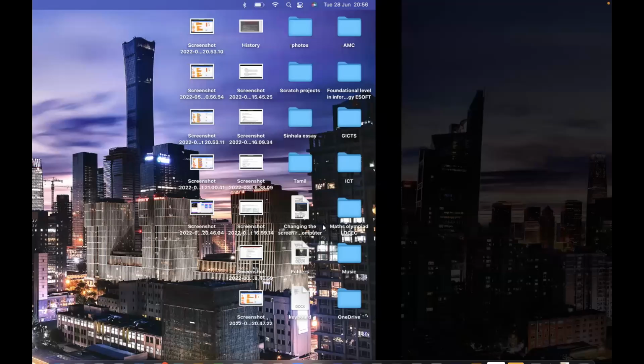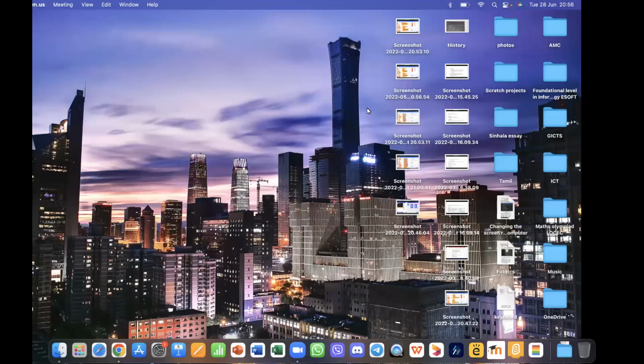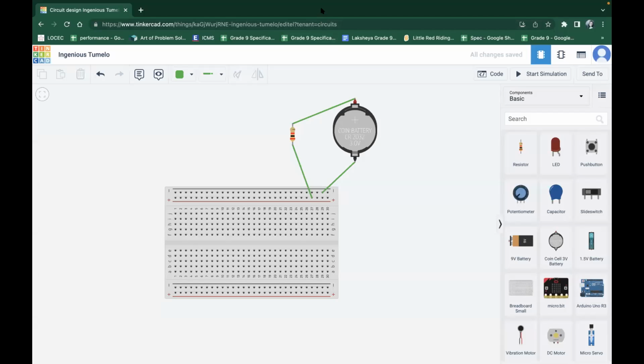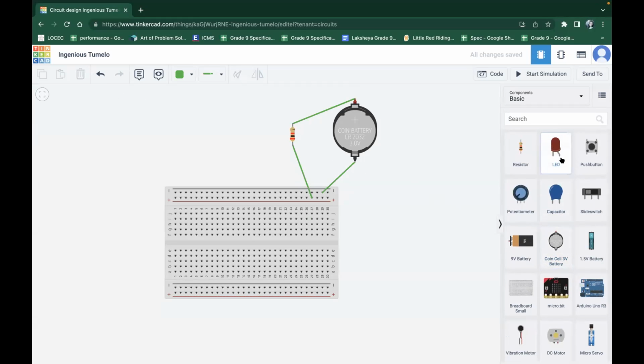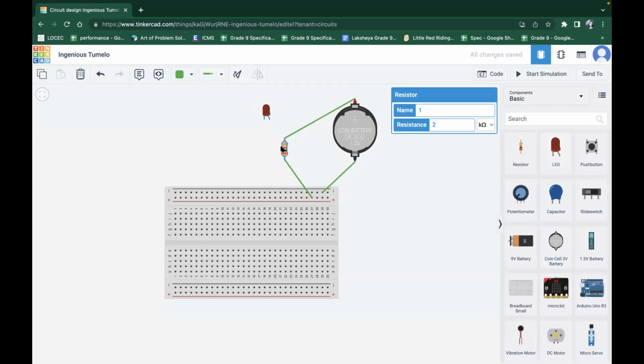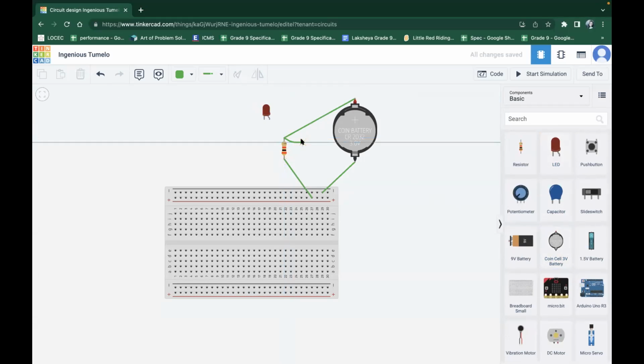Okay, Nadun has explained his problem. Okay, Lakshya, you need to connect the bulb also. Please connect the bulb, LED. No, don't put the bulb there.